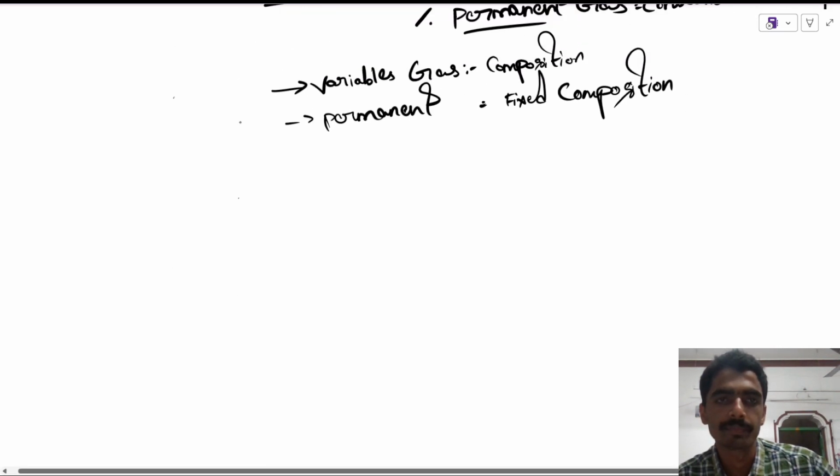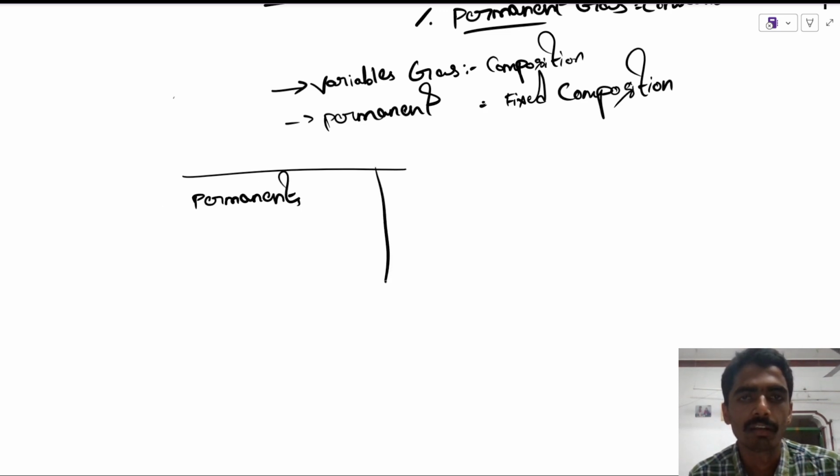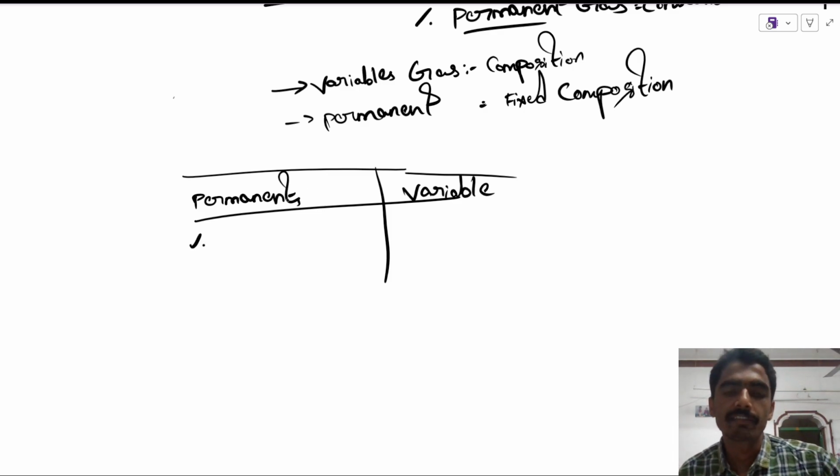While coming to the classification, permanent gases and variable gases. Permanent gases have no change in their composition, and variable means changes occur.